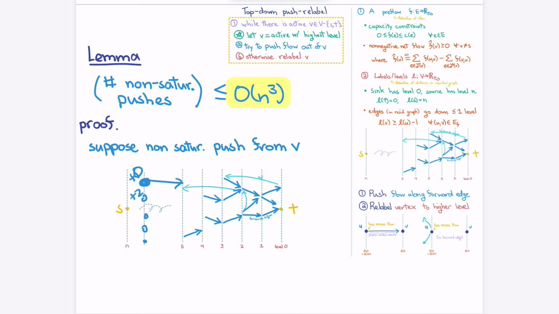So I had this highest label vertex, and I pushed out all the flow from it. And it won't be active again until it gets some flow. What has to happen between now and then for that formerly highest label vertex to become active again? It needs to get flow from someone else, but where is that someone else?